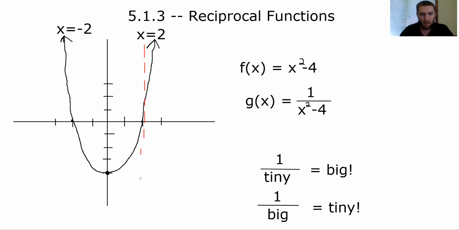Generally right there and generally right here. And that's part A, okay? X equals 2, x equals -2.